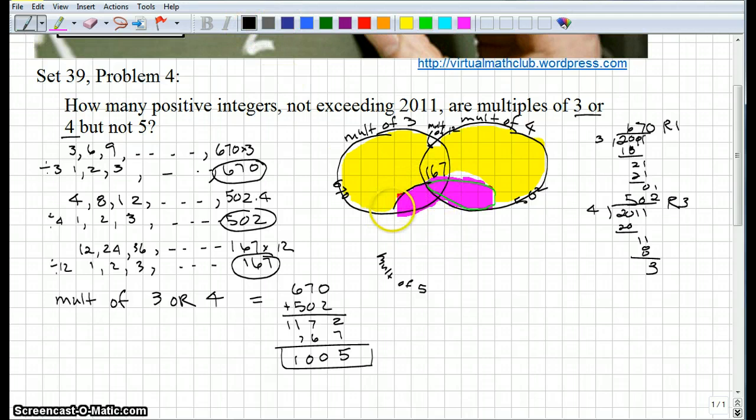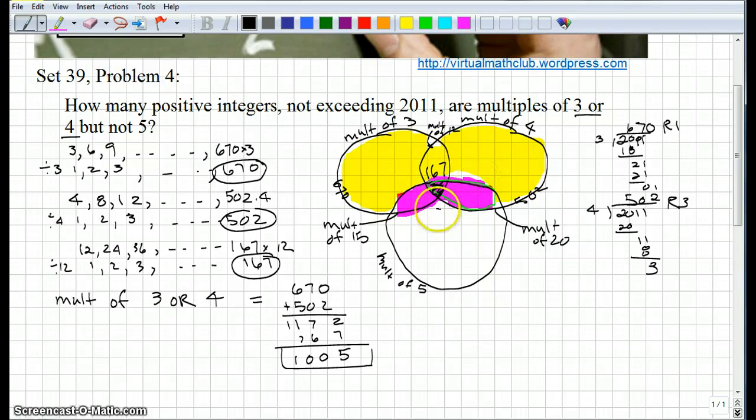Alright, so this shape here is the multiples of 20, and this over here is the multiples of 15. But then these two sets overlap, so we have this piece in the middle, and what's that? Those are multiples of 3 times 4 times 5, which is multiples of 60.